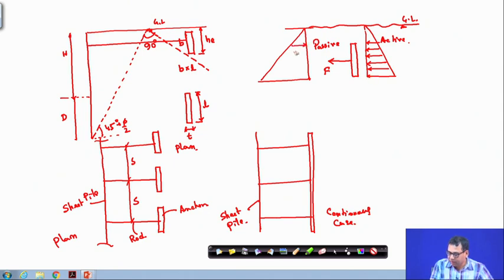Here also I will consider the passive pressure. This is the active pressure, this is the passive pressure. Generally, this portion is B, in section. Generally, your B is greater than or equal to He by 2.